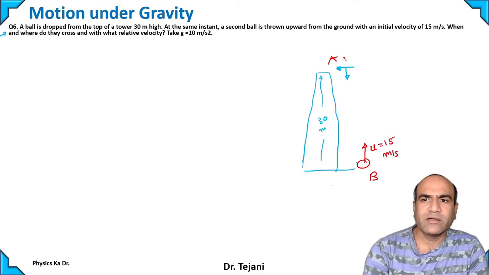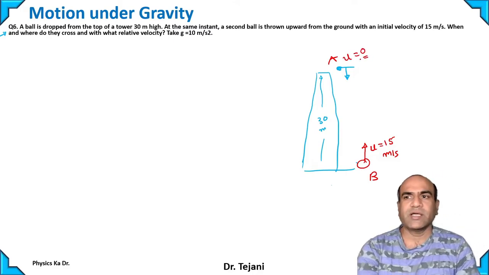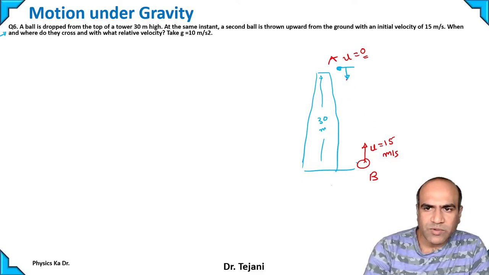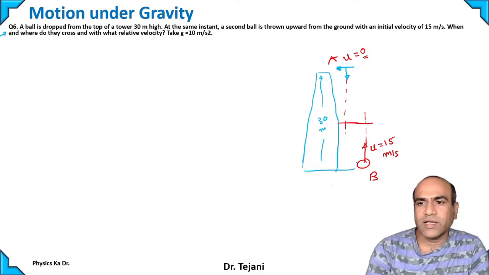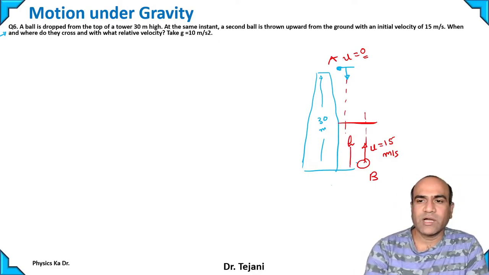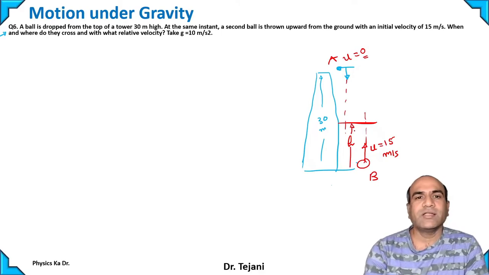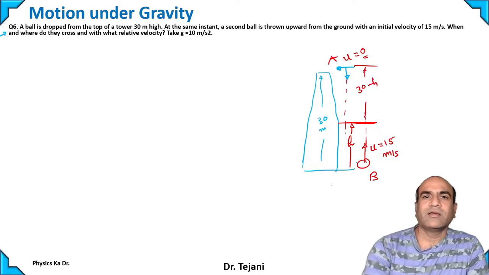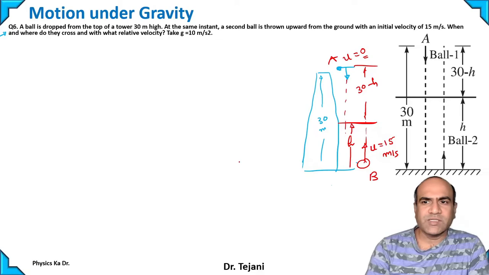For ball A, it is not given any velocity, so you can have 0 meter per second. The question is asked when they cross. At what distance will they cross, say for example the height h from the ground, and the other distance becomes 30 minus h. So the question is asked like that.